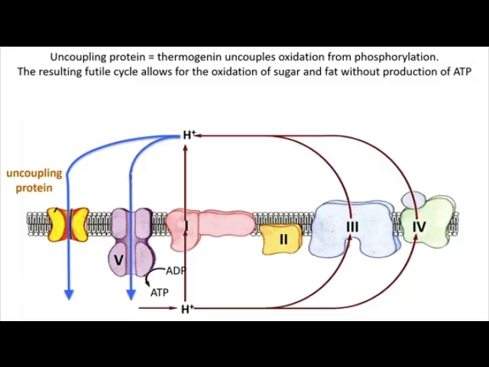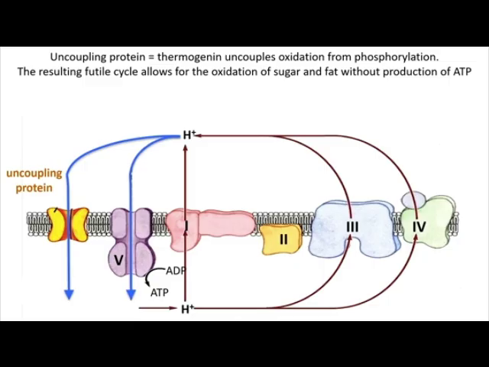And again, oxidation and phosphorylation are two different processes. How are we uncoupling them? Didn't they give another pathway for the protons to go through besides ATP synthase? Yeah, is that elegant or what? Wow, what a simple solution.